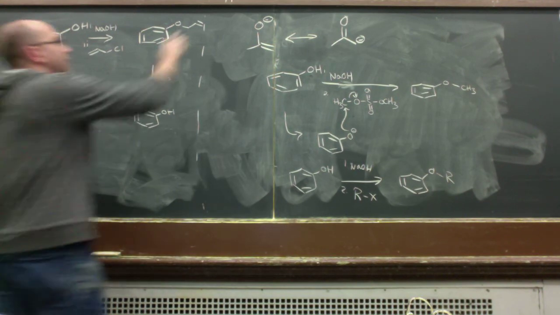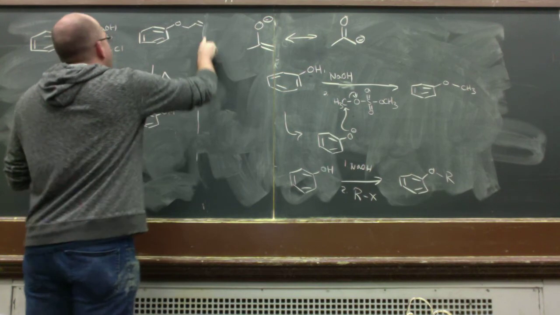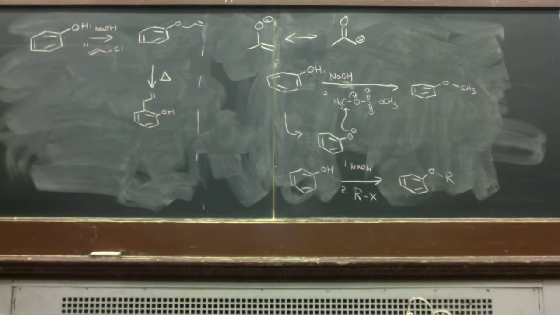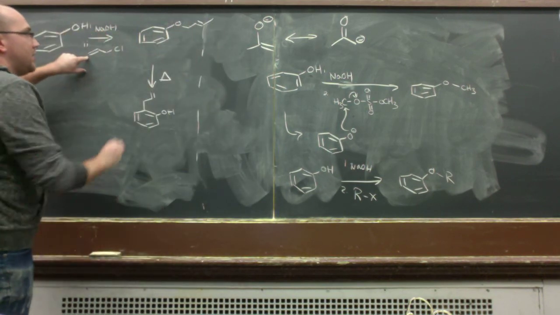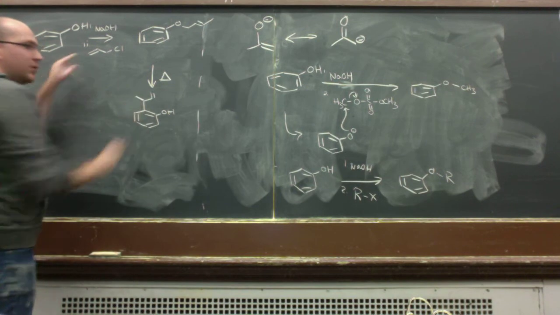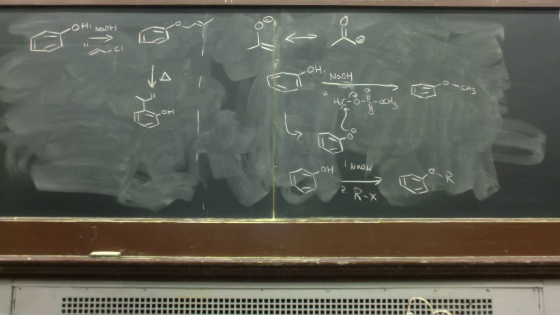And if, say, for example, we put a substituent there, that substituent will end up right there. So how do you guys think that this might be happening? This would be a good exam question.